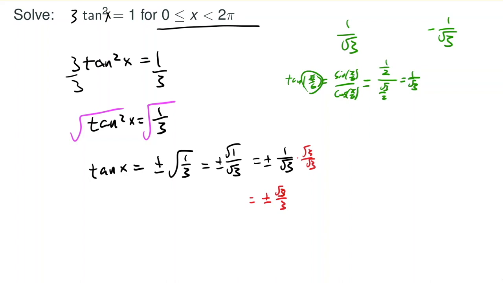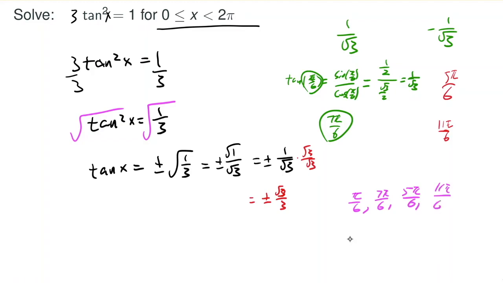And similarly, 7 pi over 6 also gives us 1 over square root 3. And in terms of negative, it would be 5 pi over 6 from the unit circle, and also 11 pi over 6. So the four angles for this equation are pi over 6, 7 pi over 6, 5 pi over 6, 11 pi over 6.